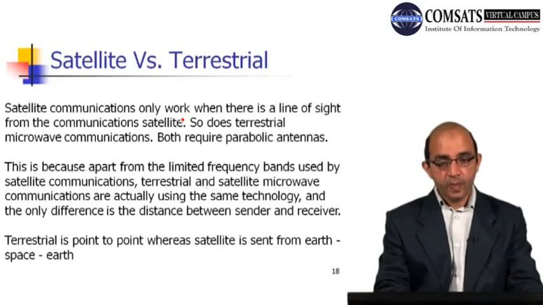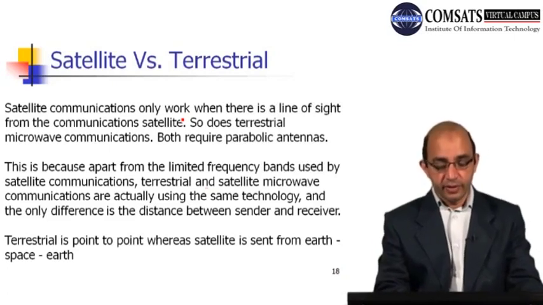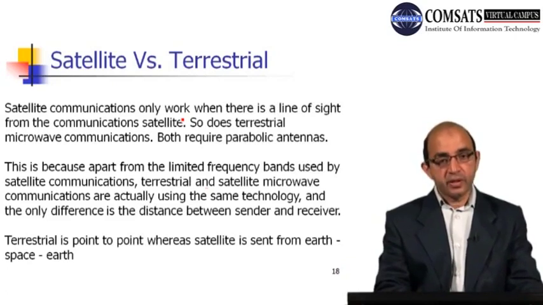So one provides more distance and the other provides a bit less distance between sender and receiver. You can say the distance between sender and receiver supported by satellite is somewhat different from terrestrial. There is only one main difference: for terrestrial we have point to point, right?